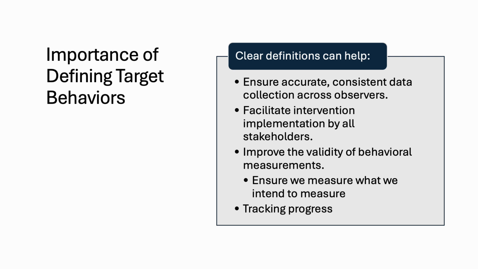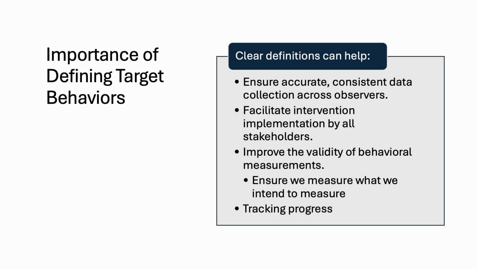A good target behavior definition also improves the validity of a behavioral measurement. And validity is basically the accuracy of what we are measuring. It ensures that we are measuring what we are intending to measure and not something else. If you don't have a clear definition of behavior, someone might inadvertently track an instance of the behavior, thinking that the behavior occurred because, again, we had an unclear definition.